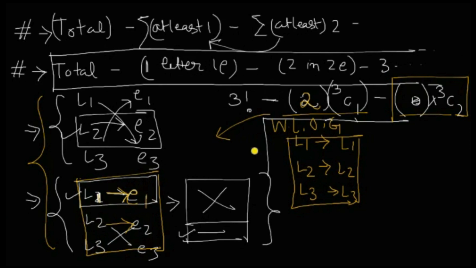L2 had 2 choices, so I'm multiplying by 2 into 1. Why does this 2 come? It comes because L1 goes to E1 and L2 had 2 choices, and then L3 had 1 choice left because one of the envelopes would go to L2. So you are double counting it. I mean, it's fantastic, you are going in the right direction. You also found out that we are indeed double counting, but how do you account for this double counting?